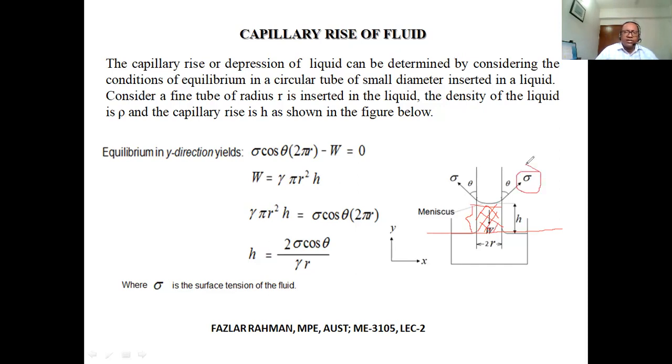Now, what is the unit of surface tension? Force per unit length. That means newton per meter. This is the unit of surface tension. So we'll make a force balance and try to figure out this value of h. Let's see how we can do it.